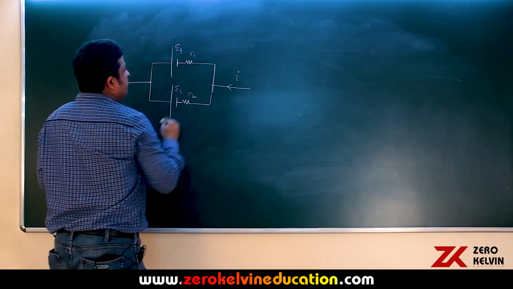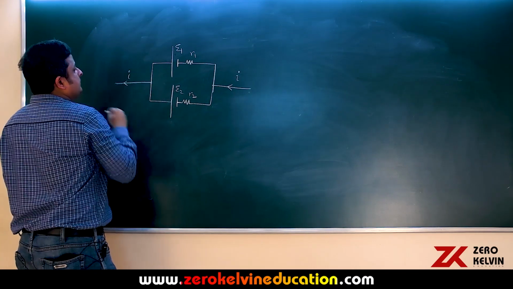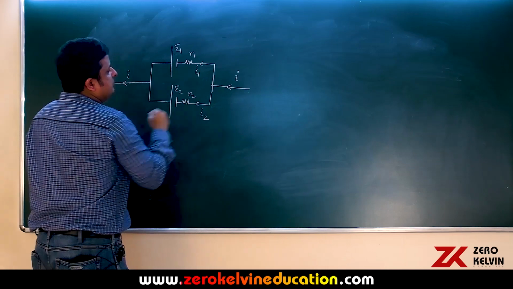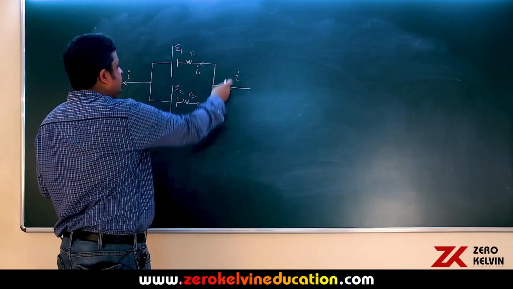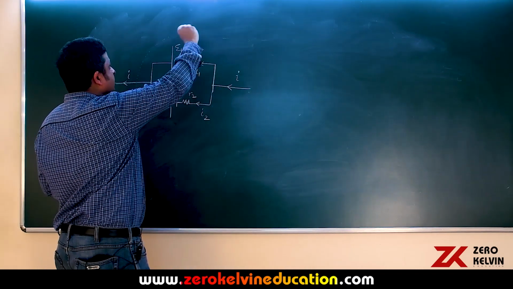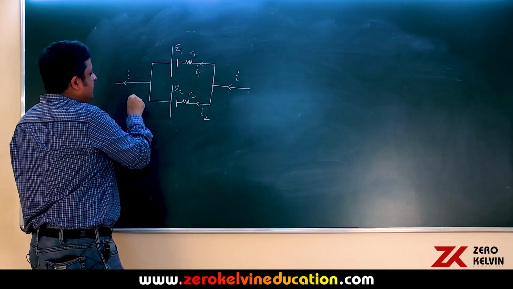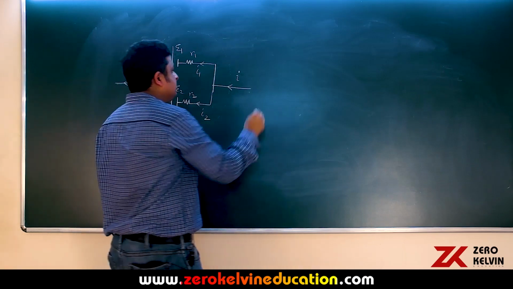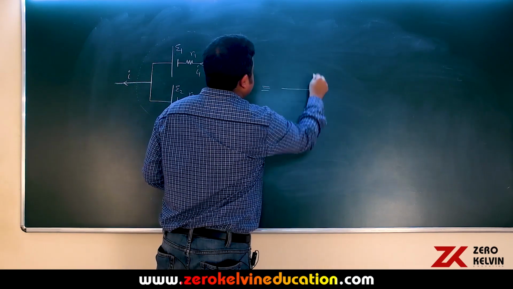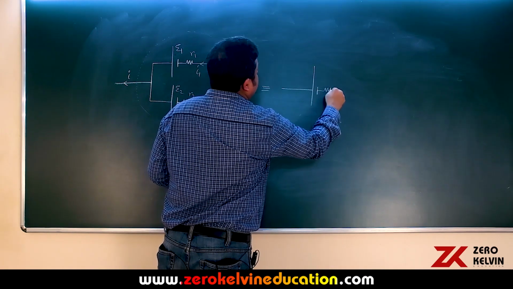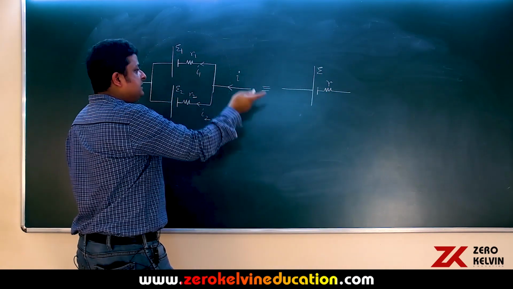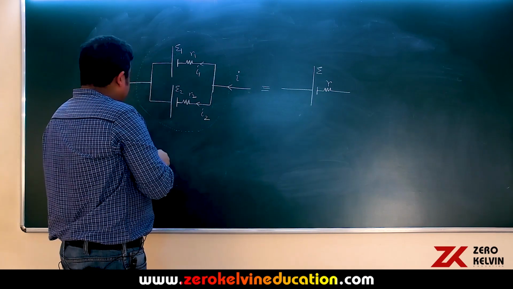The current coming from here is I, and the currents in the branches are I1 and I2. Now, this whole package of 2 cells, I want to reduce to 1 cell and 1 internal resistance. So, this will be the equivalent circuit having one EMF and 1 resistance, that is, 2 cells combined to make 1 cell.